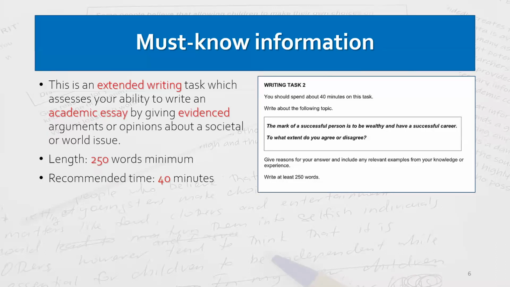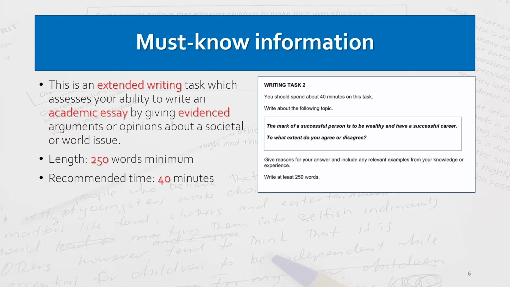So this is a sample writing task. As you can see on the right hand side of the screen, you are given a statement: The mark of a successful person is to be wealthy and have a successful career. Okay, you are given this statement, and then you are given the question: to what extent do you agree or disagree?